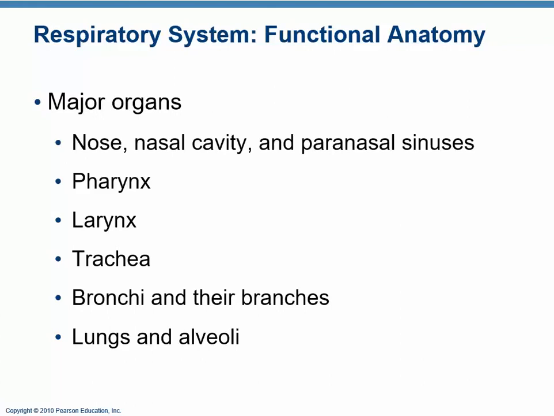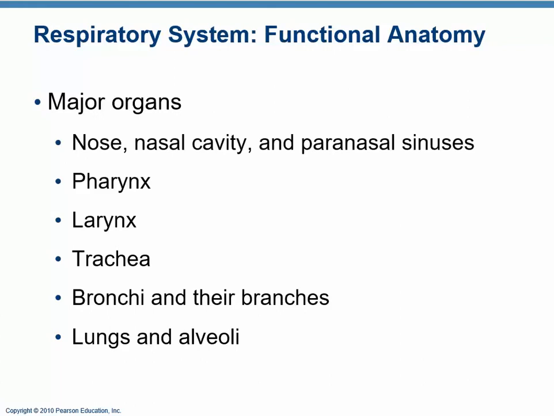So this tube actually does both food and air. The larynx, which is the switching station, this is the place where we send food down one pathway and air down a different pathway. The trachea is the pipe that leads from the larynx down to the lungs.